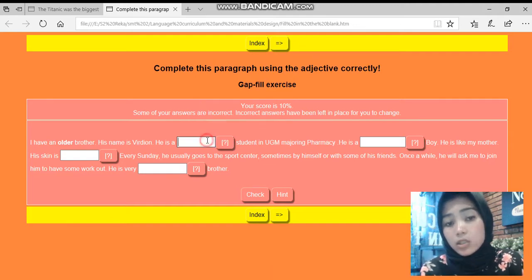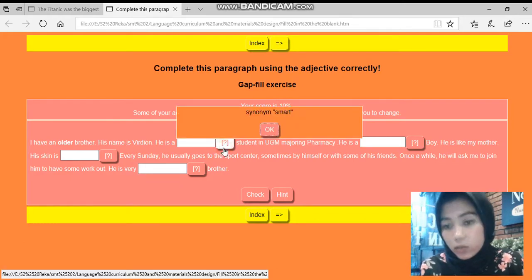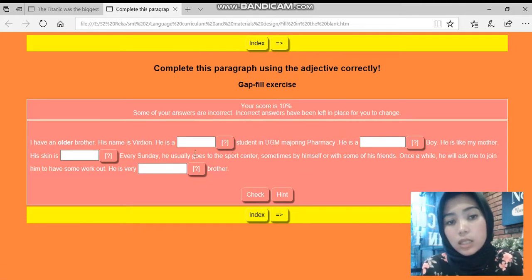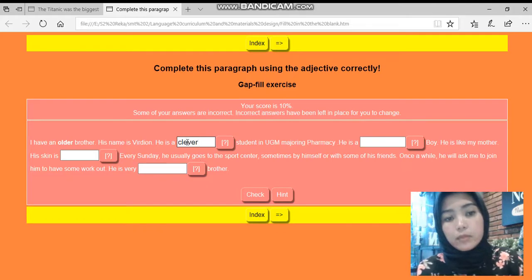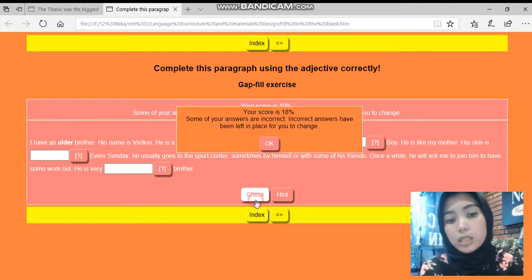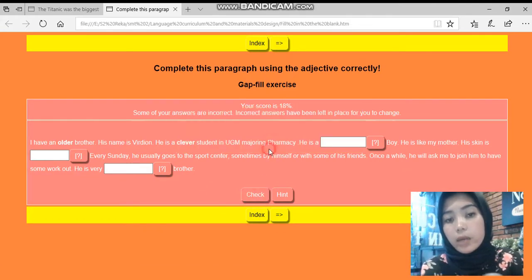If the student doesn't know what the word is, the student can check the clue here, like the synonym of smart. So the student can answer clever. The student can check and write like this.